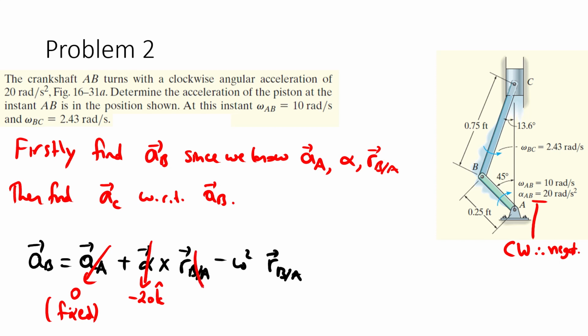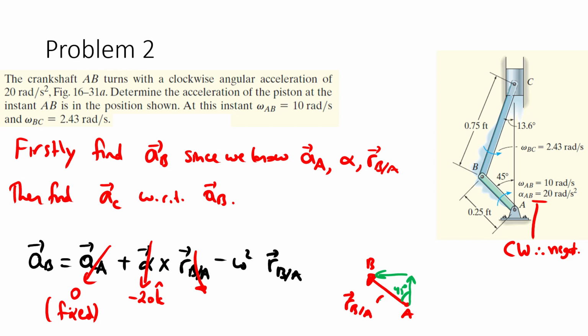Then r of B with respect to A. That is A, that is B, and this one is r of B with respect to A. It will have two components, the y component and the x component, with 45 degrees.